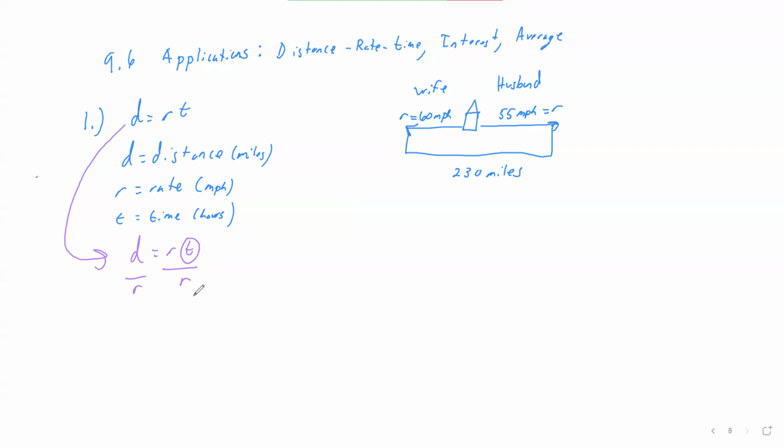Hold on. So that would give us distance over rate. We know the distance. We know the rate of each one. I'm going to change it. Go a different route. Sorry.